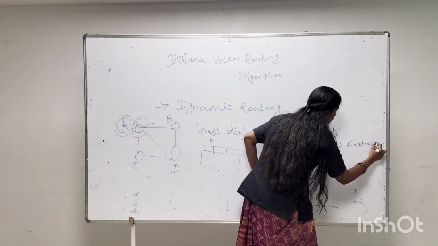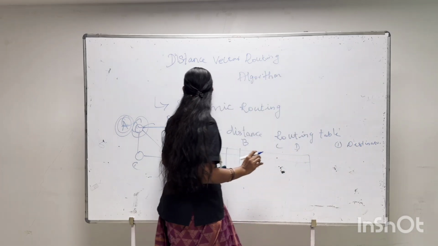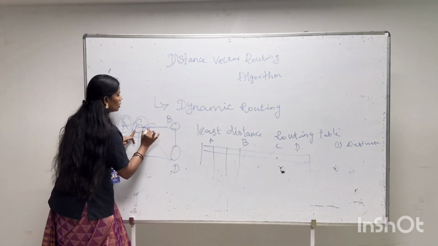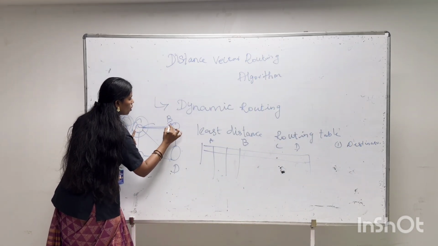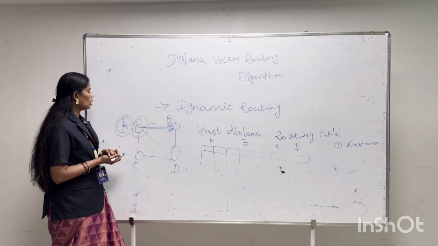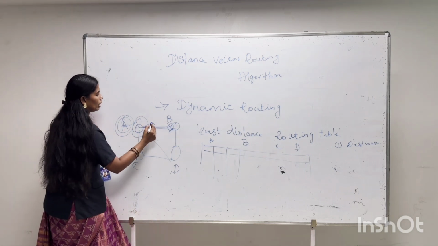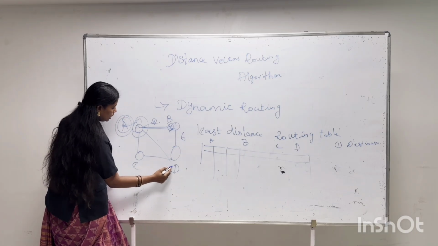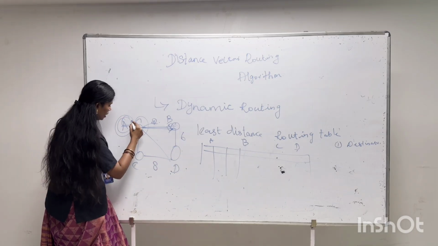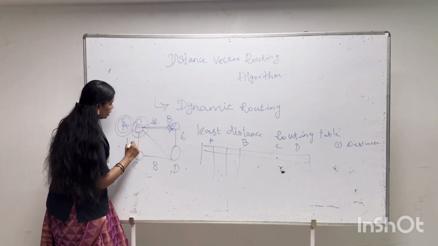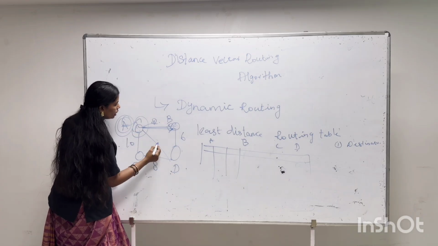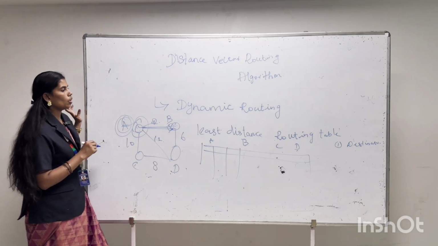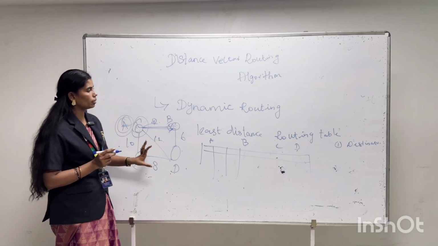The destination is nothing but where the data is reached. That is called the destination of the data. Now the distance of A to B I have given as 2, B to D is 6, D to C is 8, A to C is 10 and A to D is 12. This is the value I have given as an example.